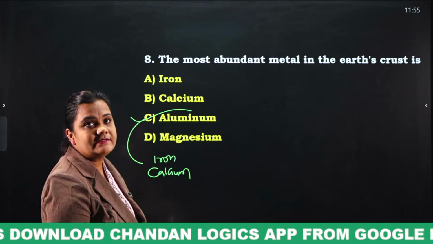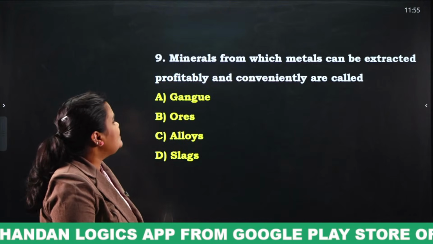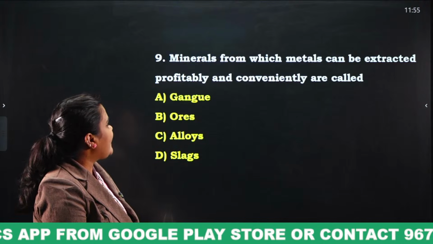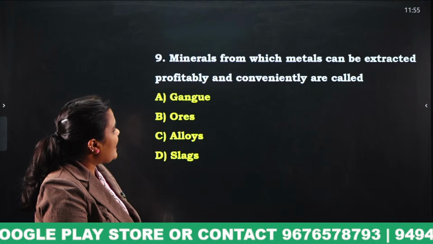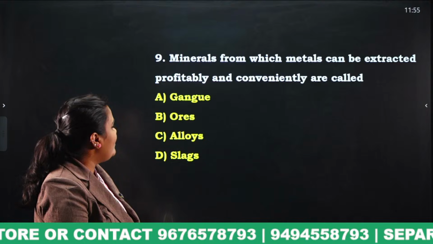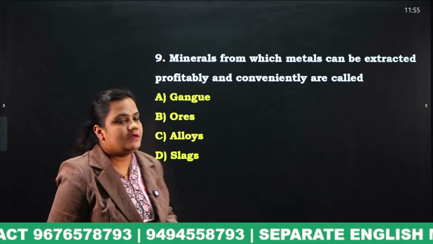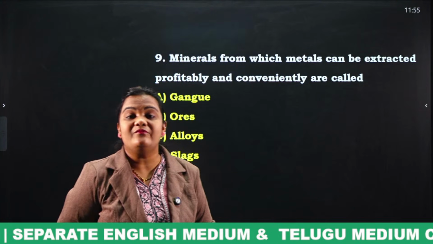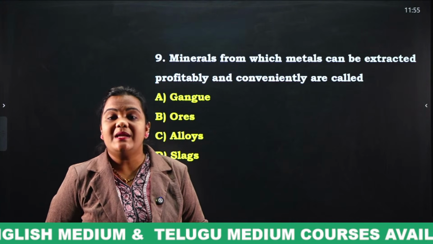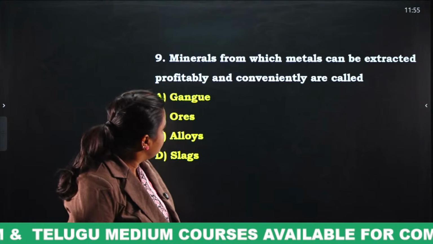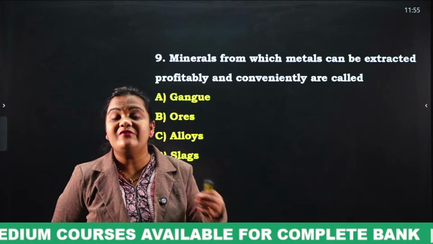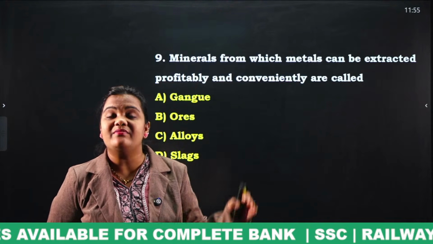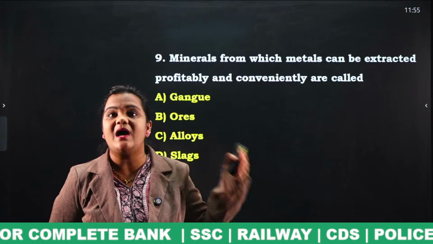Minerals from which metals can be extracted profitably and conveniently are called gangue, ores, alloys, slags. Now tell me, students, the minerals from which metals are extracted, what are they considered as?